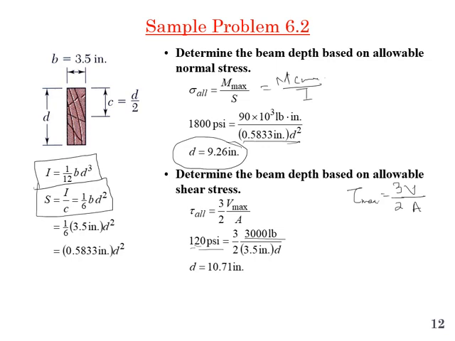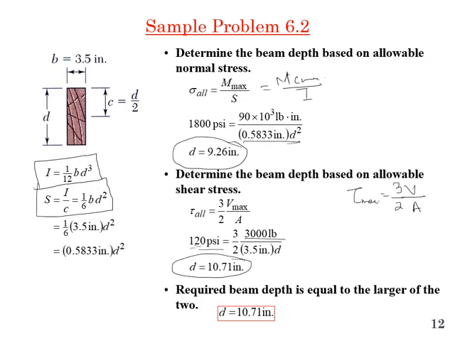So d becomes 10.7 inch. Now we have to calculate the maximum dimension, so the required depth will be 10.71 inch. But if we took 9.62, it will fail in shear, so we have to select the maximum.